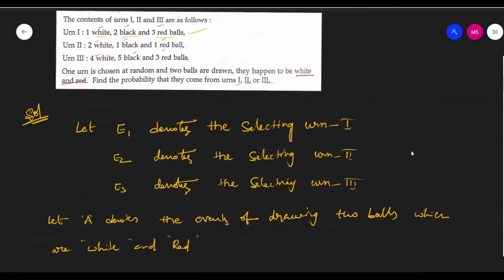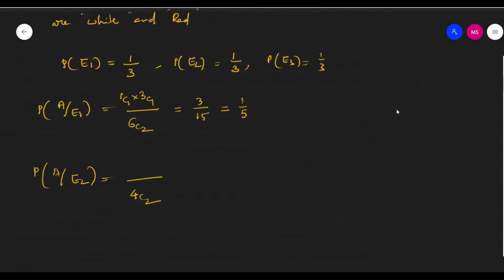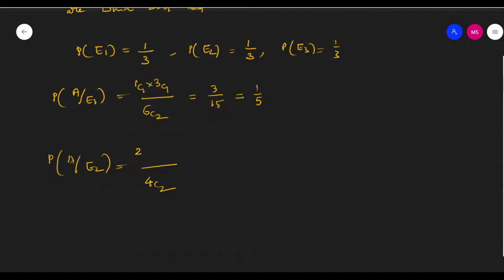There are 2 white balls, so 2C1 ways, and one red ball, so 1C1. So 2C1 into 1C1 over 4C2. The answer is 2 by 6, which is equal to 1 by 3.